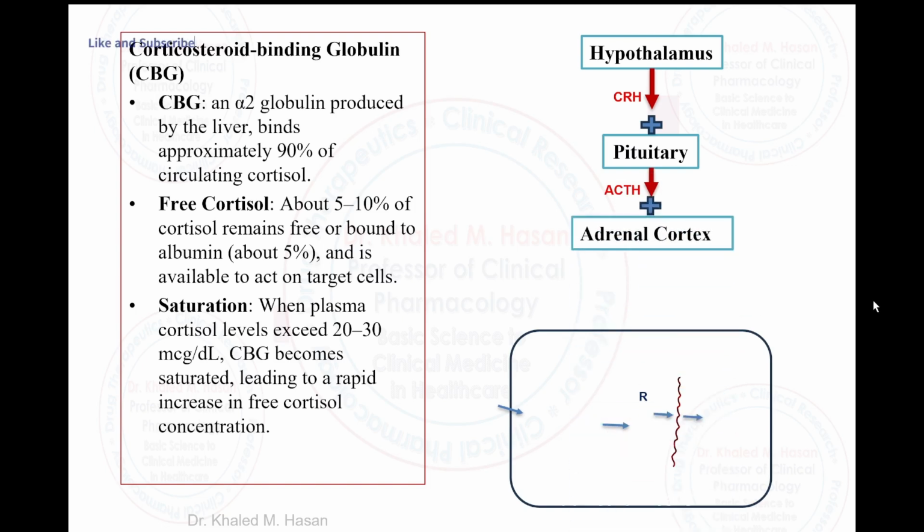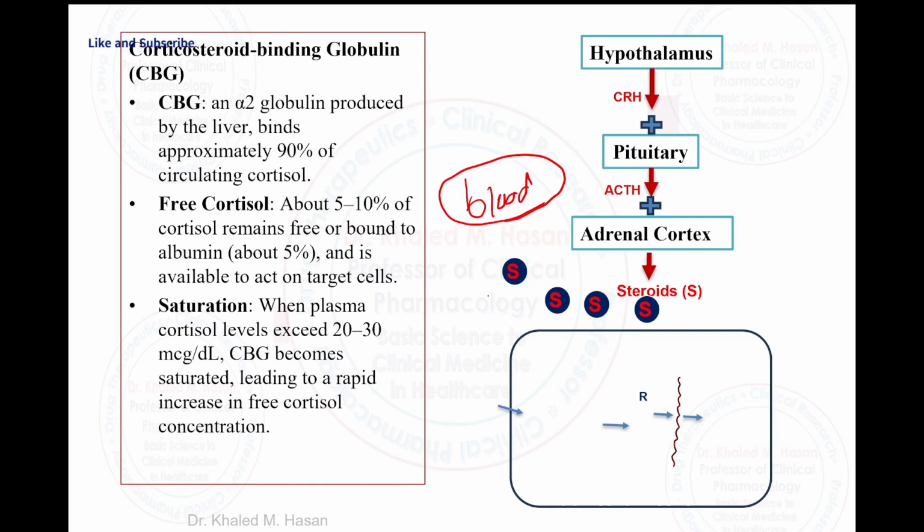Then the ACTH released from the pituitary stimulates the adrenal gland to produce cortisone. Here we have the S abbreviation for steroid, for cortisone. So here we're talking about the blood. Now the hormone is available in the blood, released from the adrenal gland.